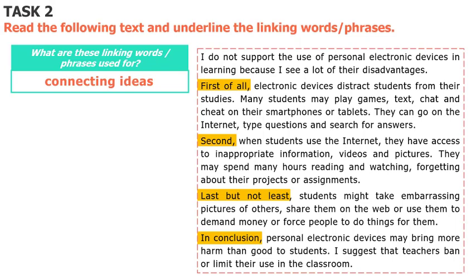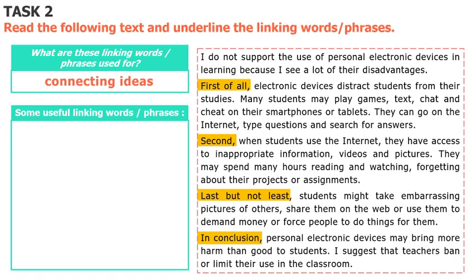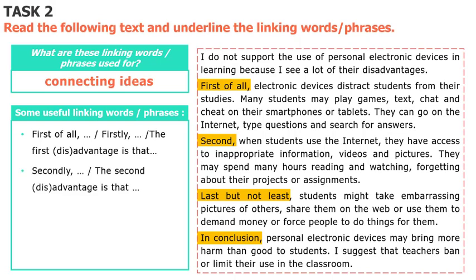Besides, we have some other useful linking words or phrases. To introduce the first idea, we can use some words or phrases like first on, firstly, or the first advantage or disadvantage is that. Secondly, or the second advantage or disadvantage is that, is used to express the second idea.